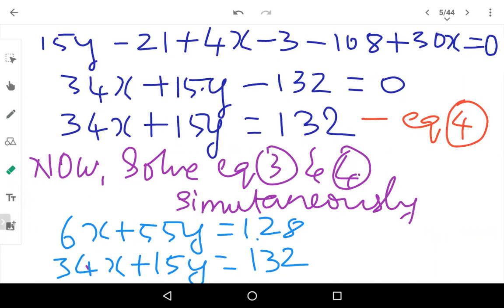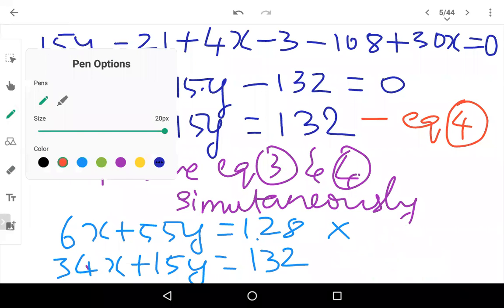Okay. So 102 is a number which when multiplied, if you multiply 6 into 17, you get 102, and 34 into 3 is 102. So in return, the first equation I'm supposed to multiply with 17.